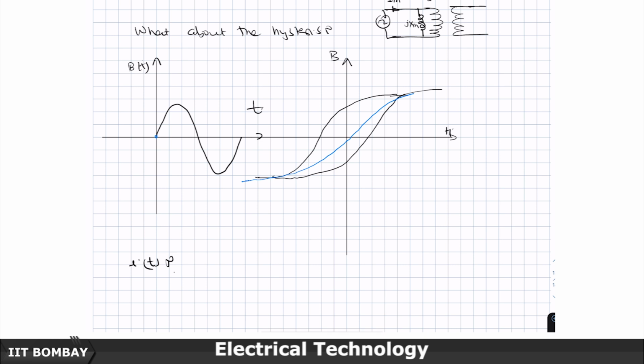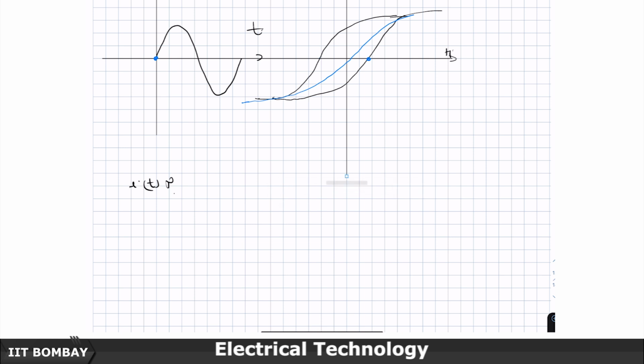When the B is 0, I have 2 points which are available. I am going to cycle through this again and again, is it not? So, what I am saying is that when the B is 0, this is the initial point which is there.